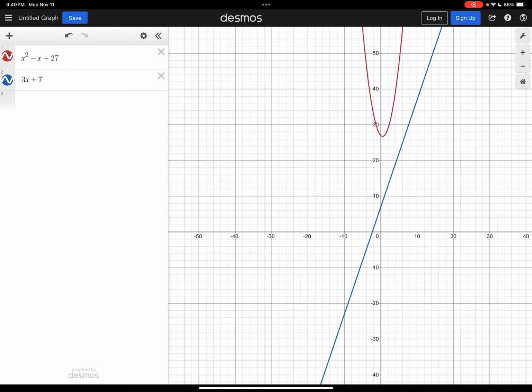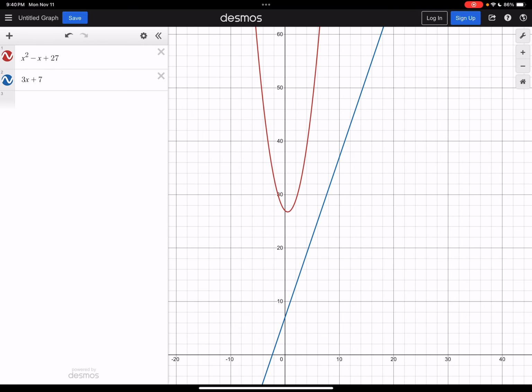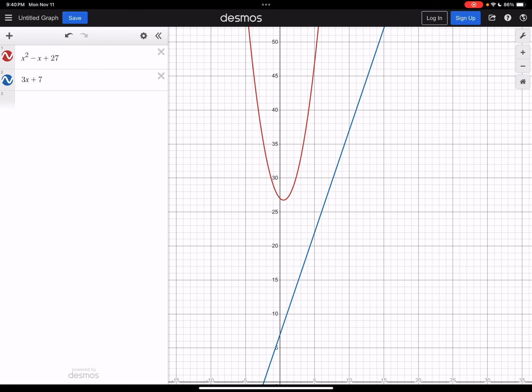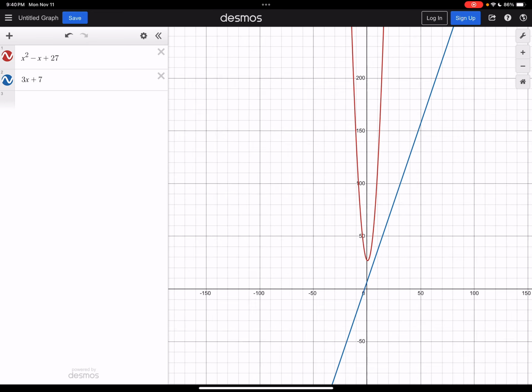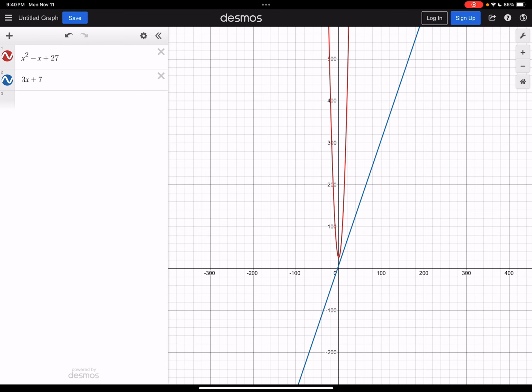Like so. And you can see that the parabola and line don't touch. And if the question is asking when is f more than g, where f is the red and g is the blue, well, the parabola is always above the line, right?